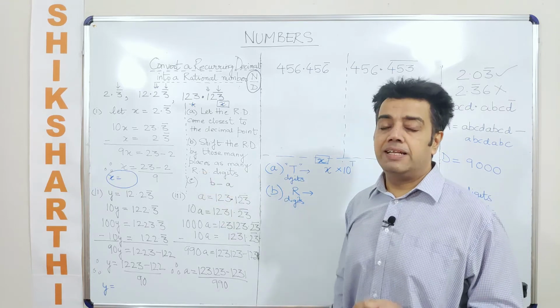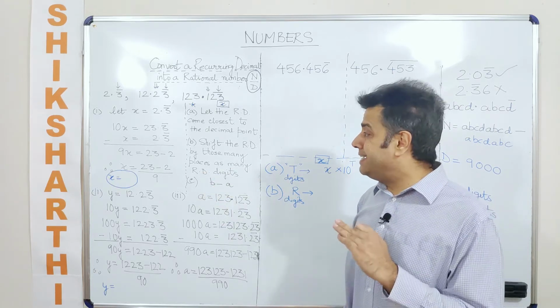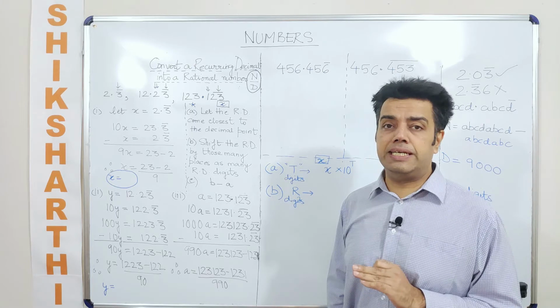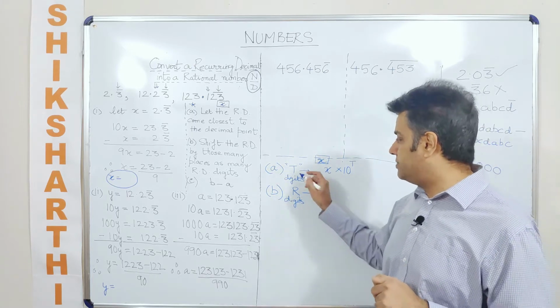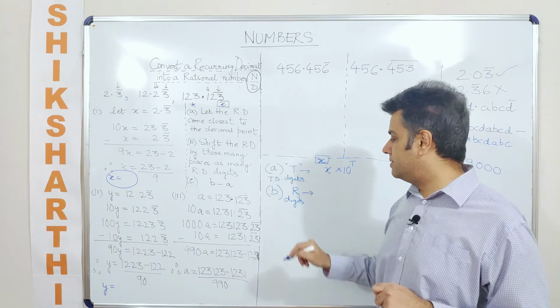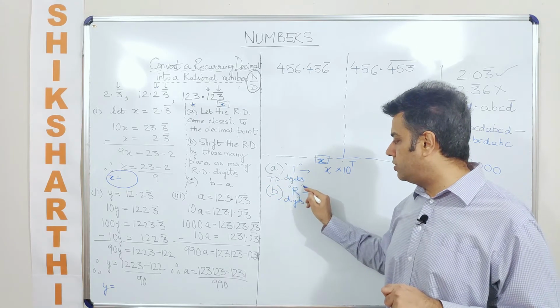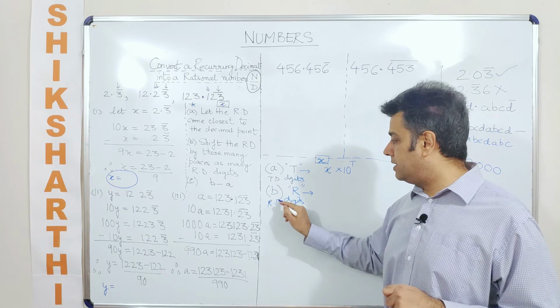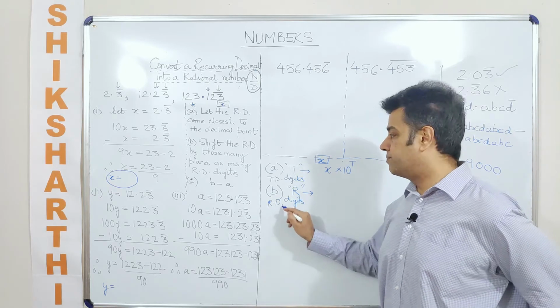RD here is recurring decimal and TD would be terminating decimal. So when I am saying T, we are basically talking about terminating decimal digits, and here R denotes recurring decimal digits.